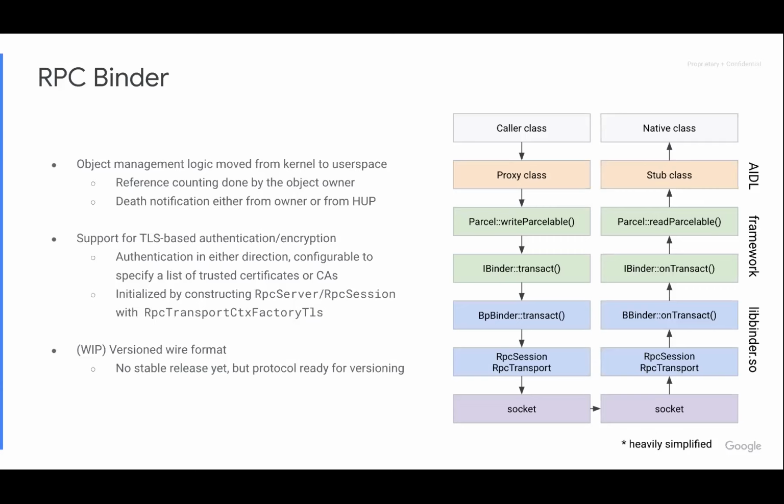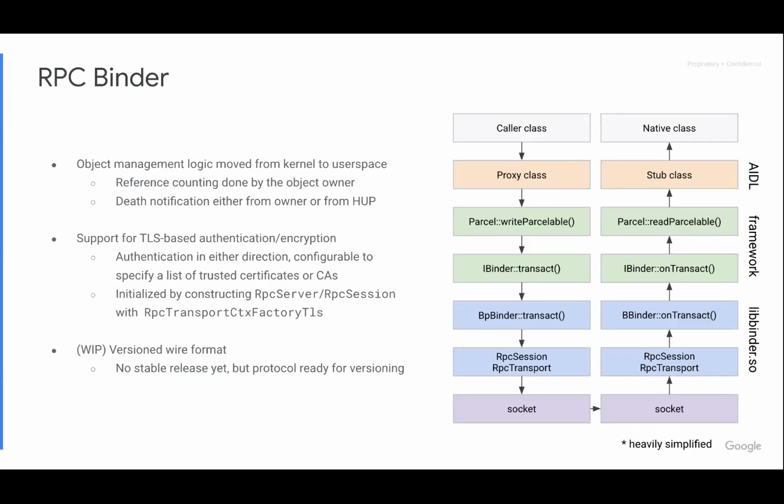Another piece of functionality supported by RPC Binder is TLS-based authentication and encryption. Now you can be talking over a TCP/IP connection, and that shouldn't be happening in plain text. So RPC Binder supports a TLS-style connection. Authentication can be done in either direction.